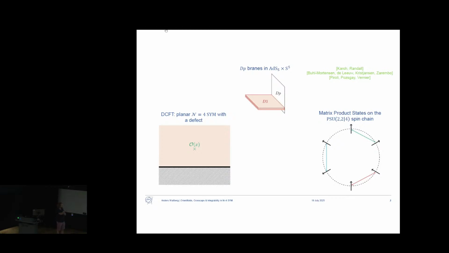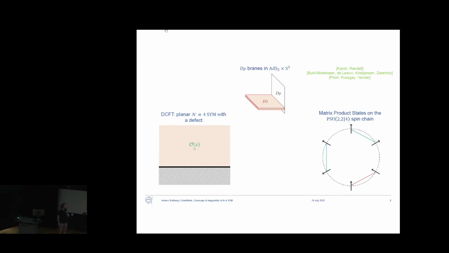So this is this duality between probe D-branes in the AdS5 x S5 geometry, on one hand, adding defects to N=4 super Yang-Mills on the dual side, and the so-called matrix product state on the PSU(2,2|4) spin chain, or in general some other boundary state on the spin chain.